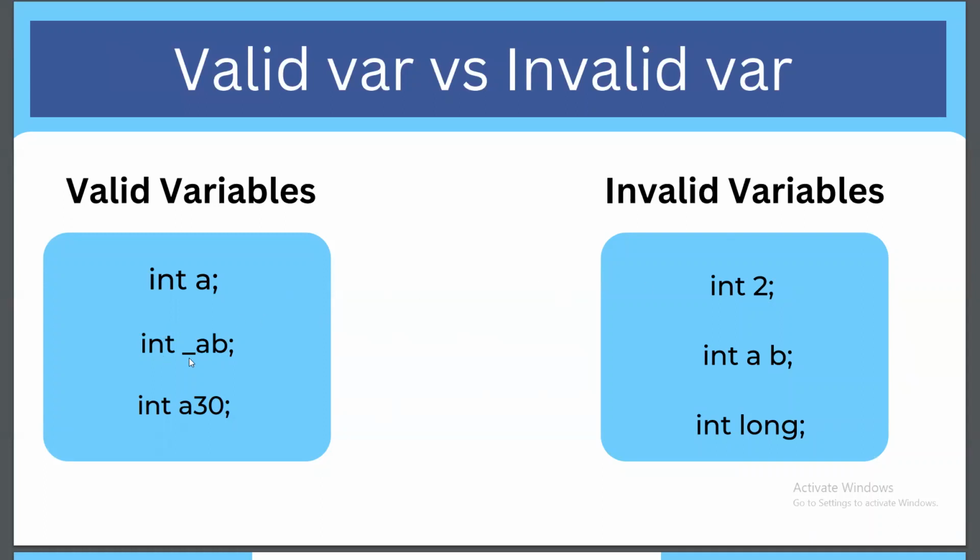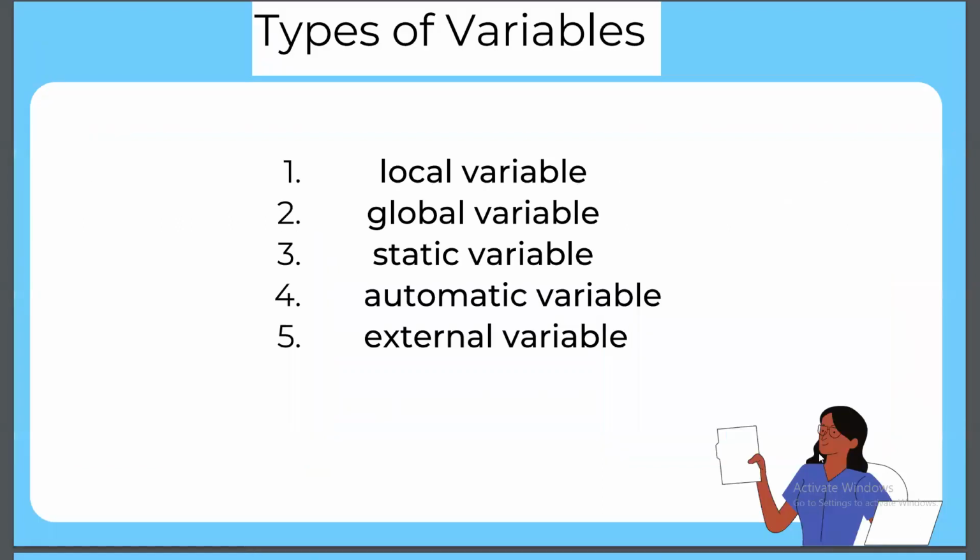The second one is int _ab, which is a valid variable. And int a b with a white space is invalid, since no white space is allowed in defining a variable. Int a30 is a valid variable. Int long is not valid because long is a reserved keyword in the C programming language and many other programming languages. I hope you understand this slide.